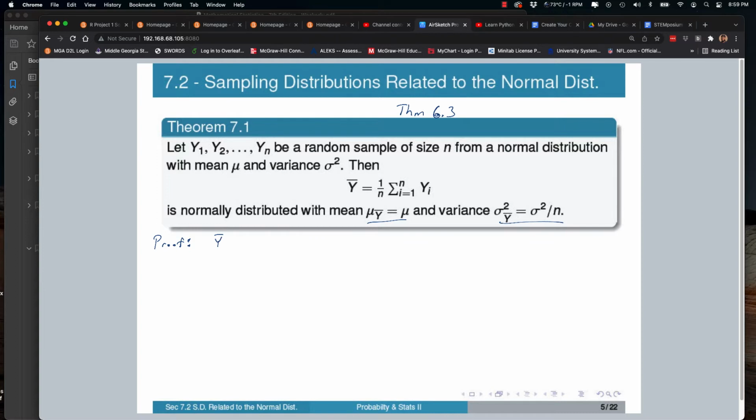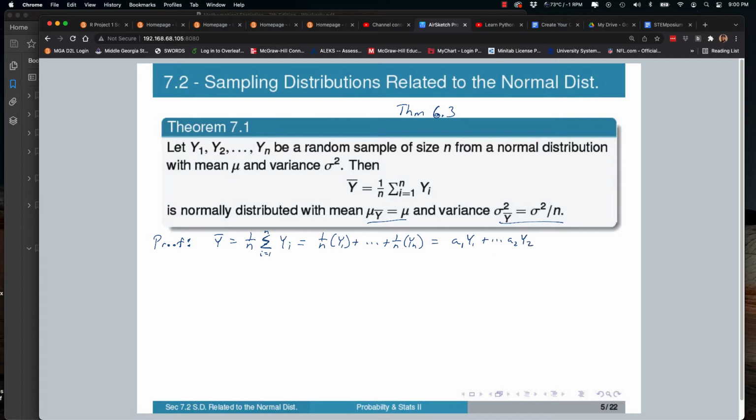If you've got y bar equals 1 over n times the sum from i equals 1 to n of y sub i, that's equal to 1 over n times y1 plus, up to, plus 1 over n times y sub n. 1 over n is just a constant, so we can call 1 over n a sub 1 times y sub 1 plus a sub 2 times y sub 2.